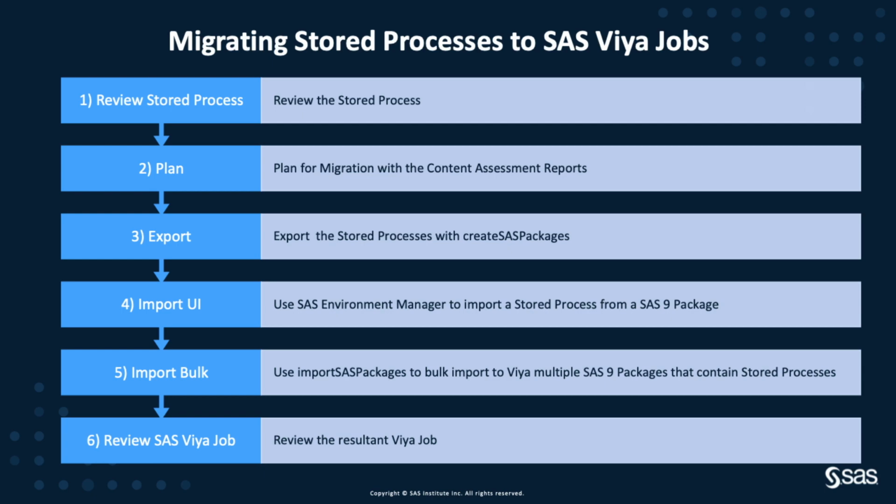We did the export with create SAS packages, reading that CSV file that came from the content assessment report. I imported using the UI to show you how to do that, and we did a bulk import of the packages created by the create SAS packages application using the import SAS packages application. And finally, reviewed our job, ran it within SAS Studio, and ran it via a URL in a browser.